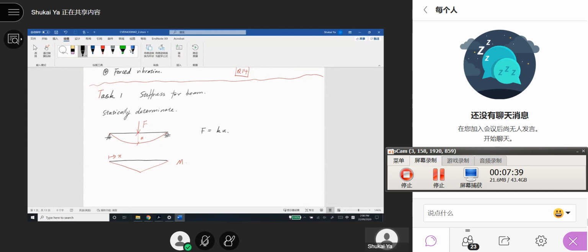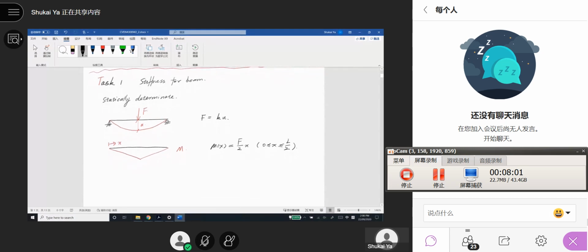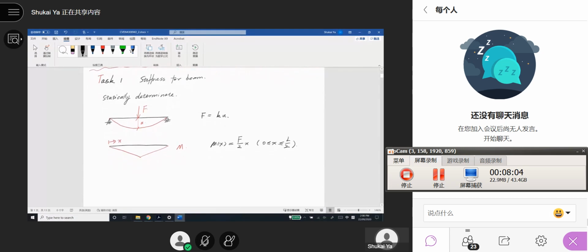The bending moment Mx is equal to half F times x, when x is greater than 0 and lower than half L. The original equation we are going to use is EI v second order is equal to minus Mx. V is the displacement.